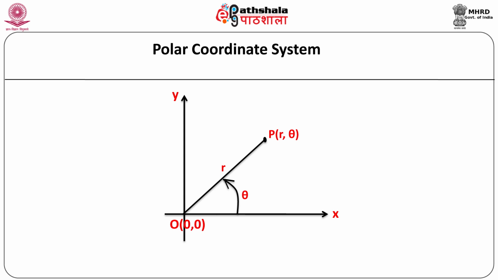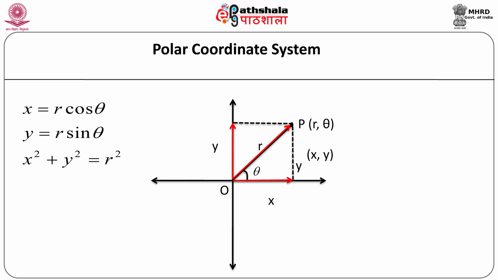The distance r is equal to OP and the angle theta measured in the anticlockwise direction from the positive direction of the line OX will be sufficient to describe the position of point P with respect to O. Here r and theta are called as polar coordinates of point P. Simple trigonometrical considerations can give the relation between r, theta, x and y as shown. The point O from which the distance r is measured is called as pole.